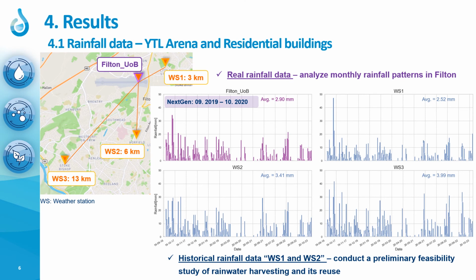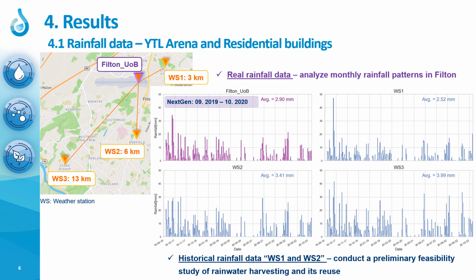Within the NextGen project, we have been collecting real rainfall data, and this will be used to analyze rainwater quantity and rainfall patterns in Filton. These figures show the rainfall data collected from 4 weather stations, including our University of Bath weather station.